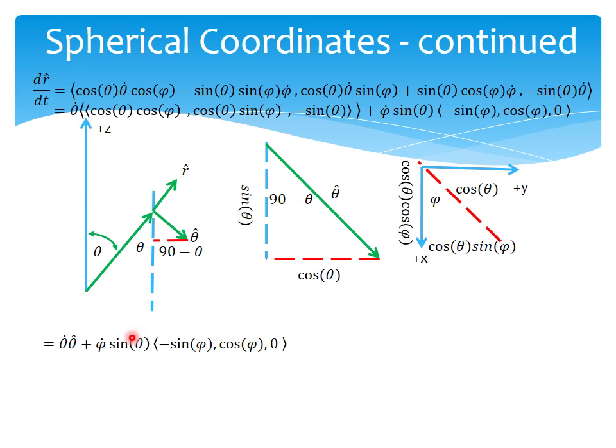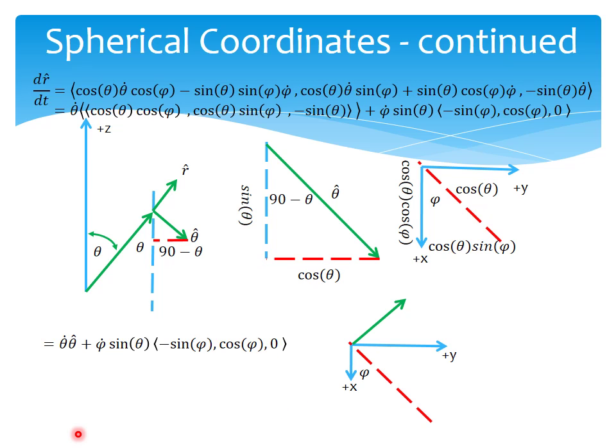So this term right here in spherical coordinates is theta hat. So I put that in there. Now let's do a similar strategy for phi hat. If you think about this, phi hat, which is this green arrow, has to be perpendicular to both r and theta. It's going to have no coordinate on the z-axis because it's going to lie in the xy plane below.